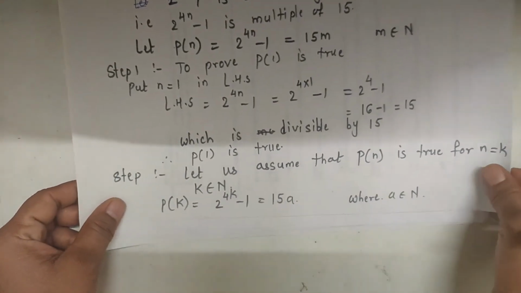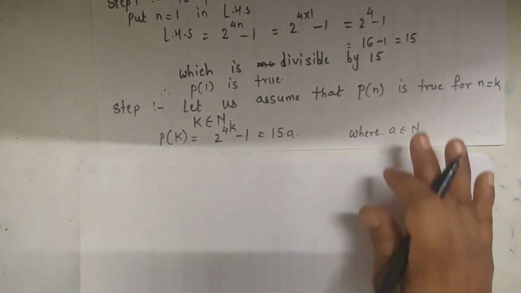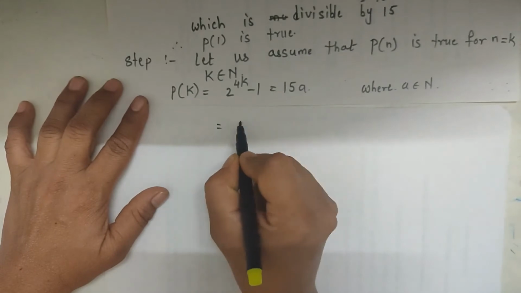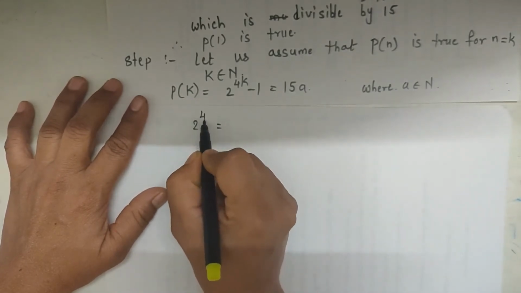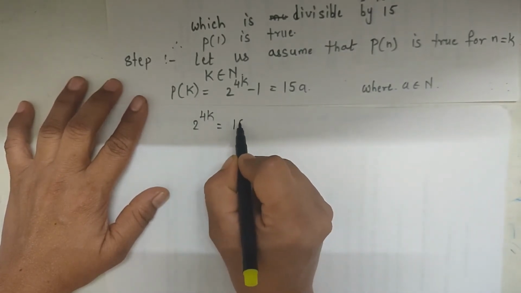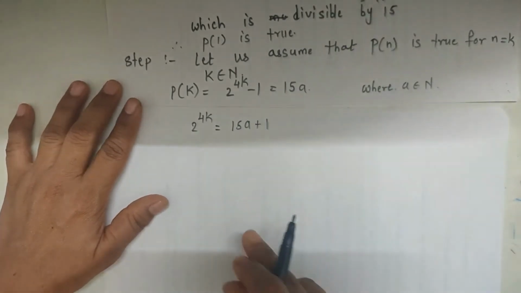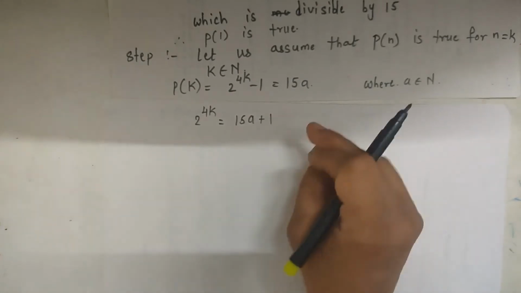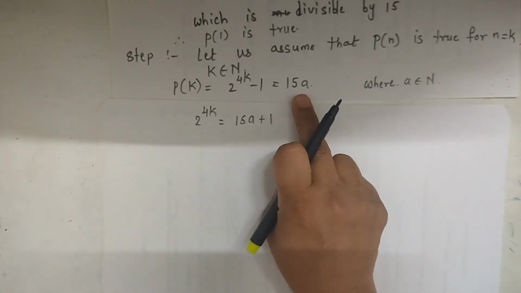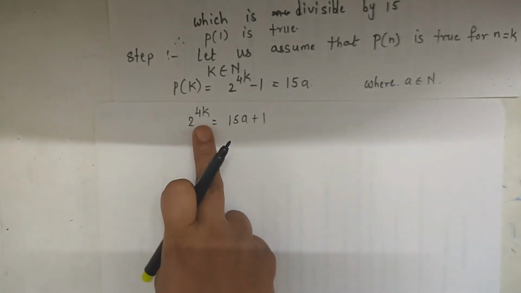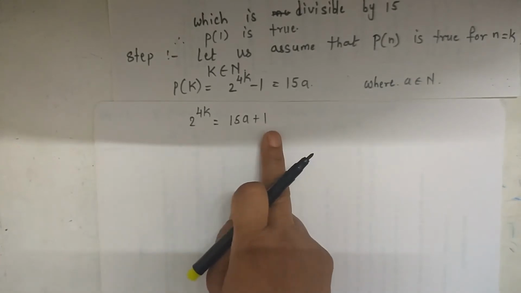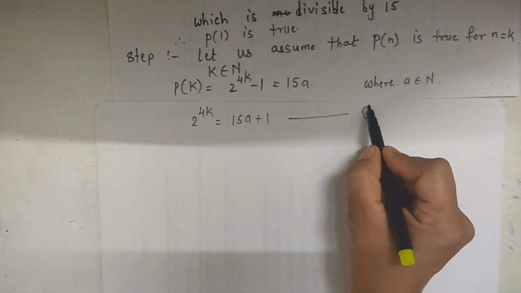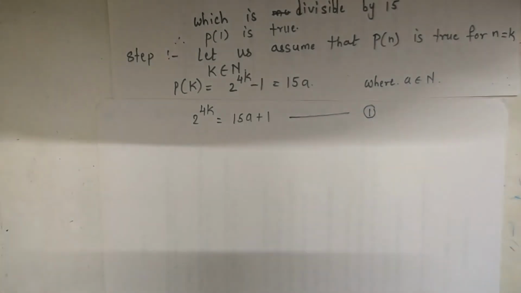This statement can be written as 2 raised to 4k minus 1 is equal to 15a. That means 2 raised to 4k is equal to 15a plus 1, and we call this equation number 1.